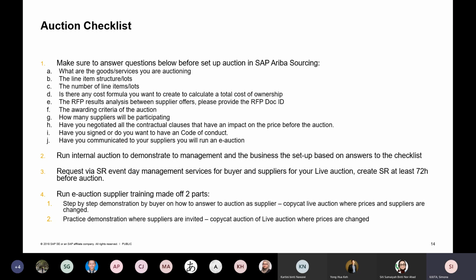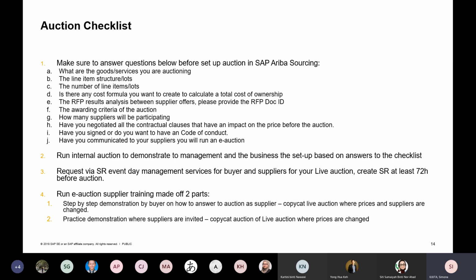Some of the things are very basic, but some other elements in this list are extremely important. The reason why you need to question yourselves about these elements is because the answers will give you the information you need to choose your auction.